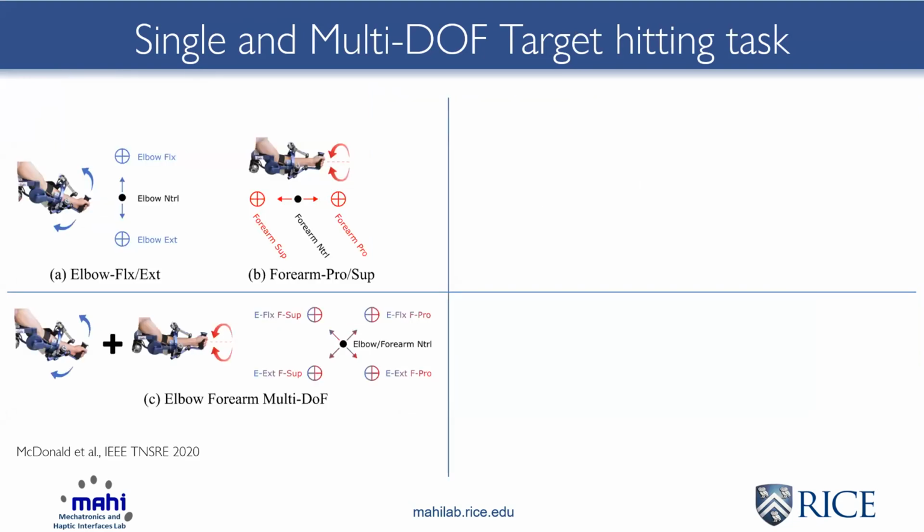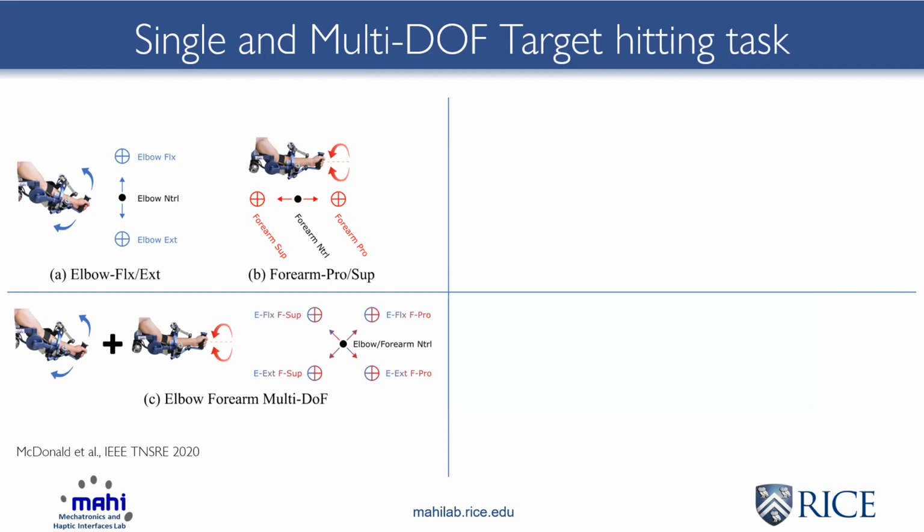First, a little bit more about the task and the different motions that we're trying to achieve. On the top left, we see single degree of freedom motions for elbow flexion extension and forearm pronation supination, trying to hit the agonist and antagonist pairs of these, providing 2 different options for each of the degrees of freedom.